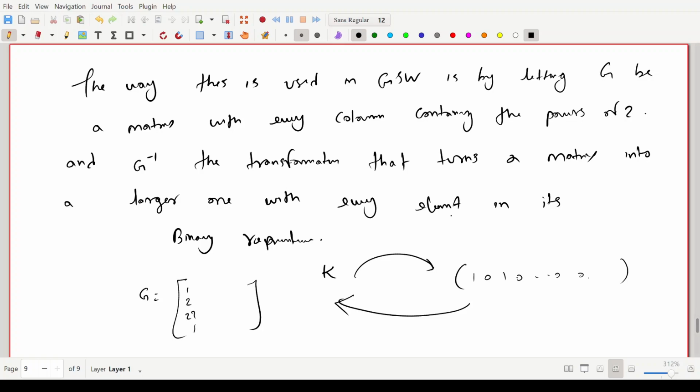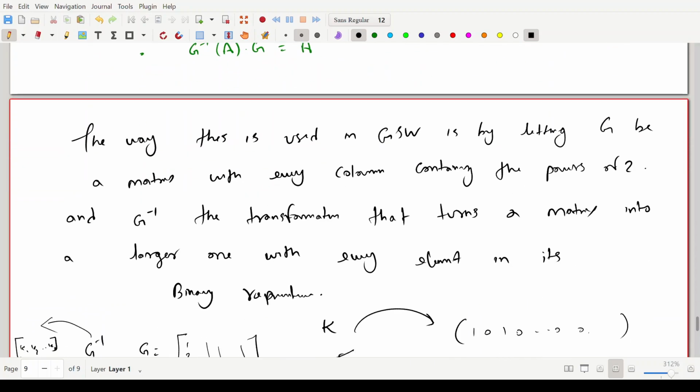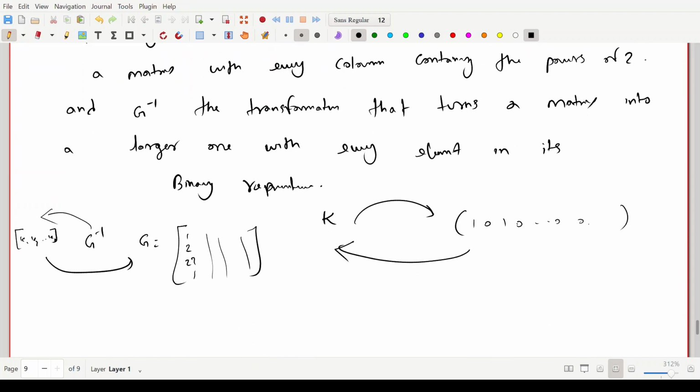So in short, if you take G inverse, I am coming back to my message vector, say key1, key2 and key n. If I multiply G with it, then I will get back to this gadget matrix, correct? And if I am multiplying G inverse, then it is making it shorter in this form.